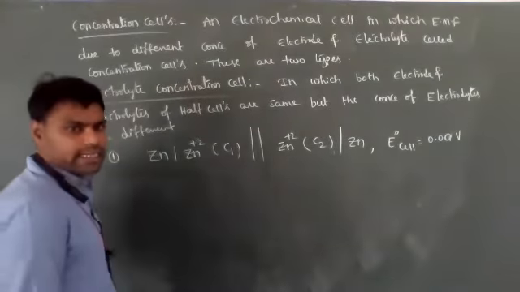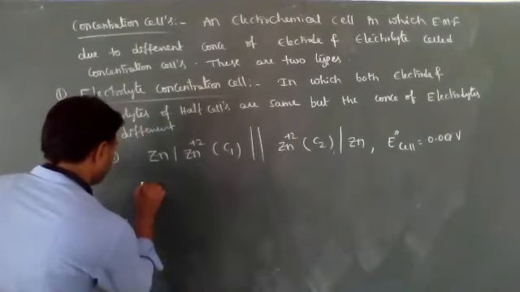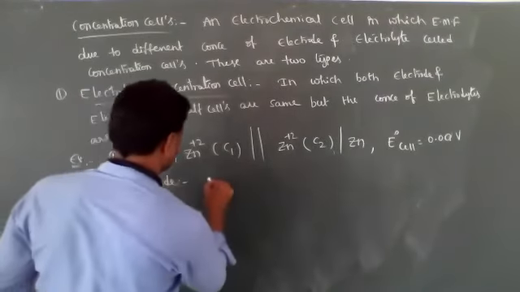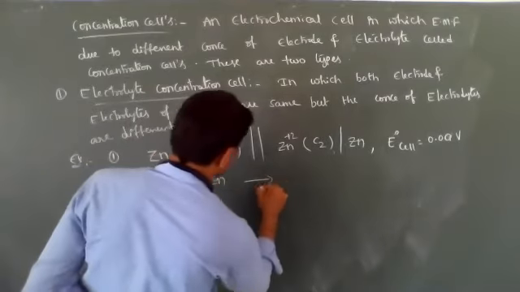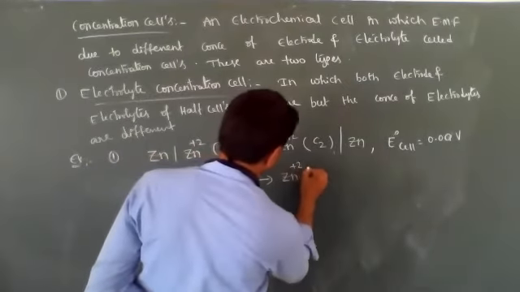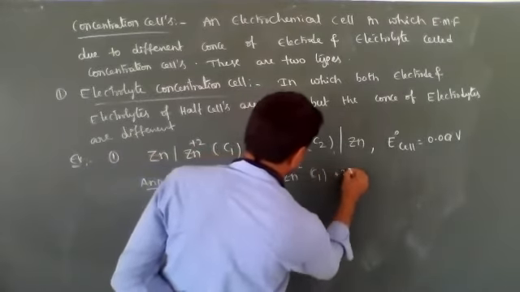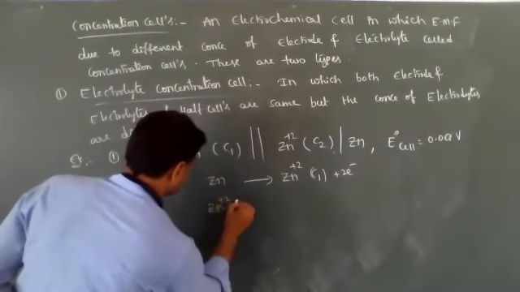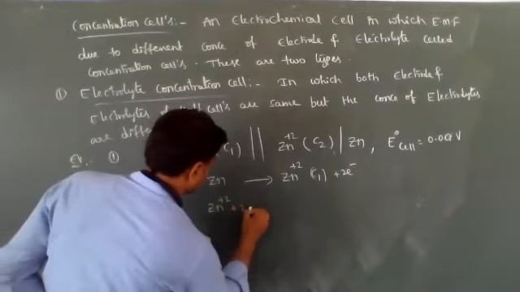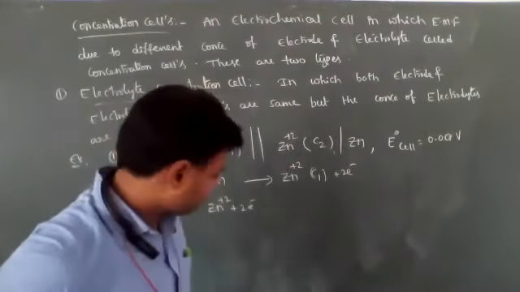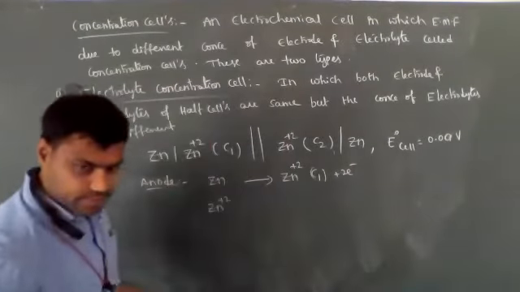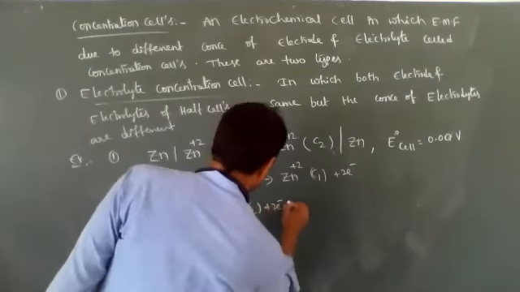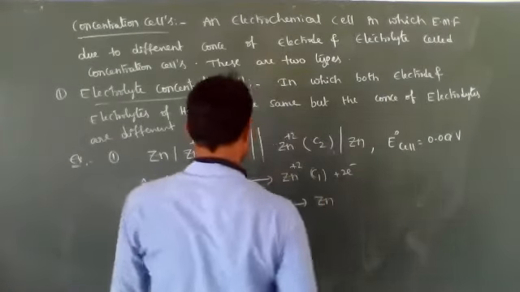First, write the cell reaction. At the anode, oxidation takes place: Zn is converted into Zn2+ at concentration C1, producing 2 electrons. At the cathode, Zn2+ at concentration C2 accepts 2 electrons and is converted into solid zinc.